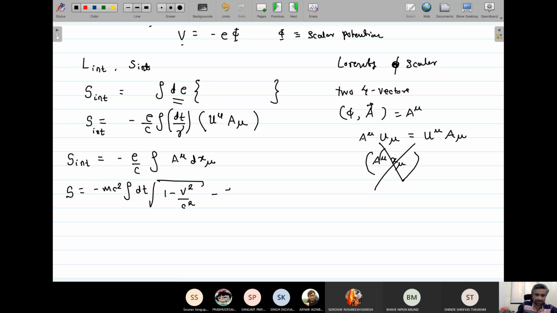S interaction is minus e by c, and let me now expand it component-wise.